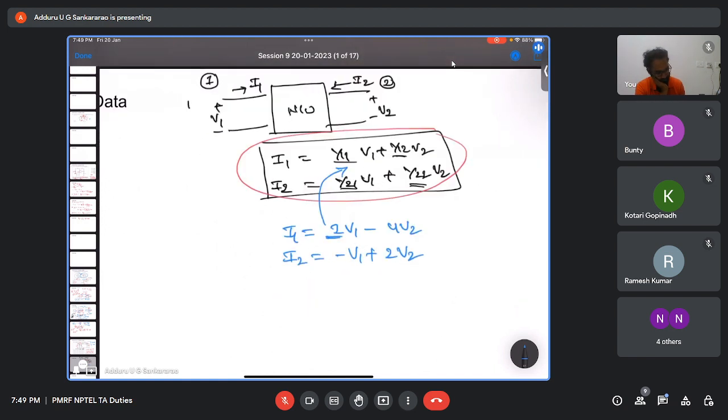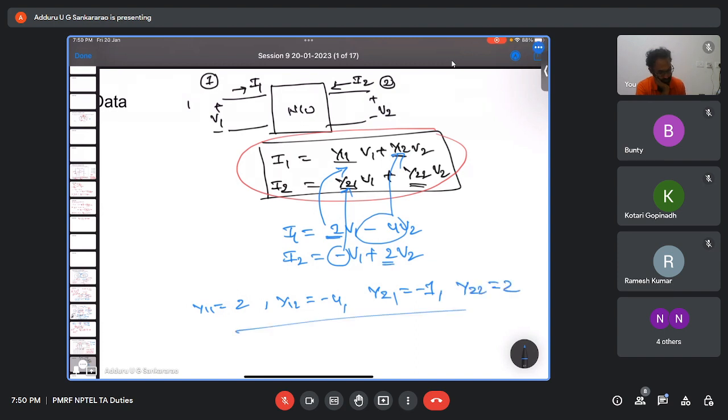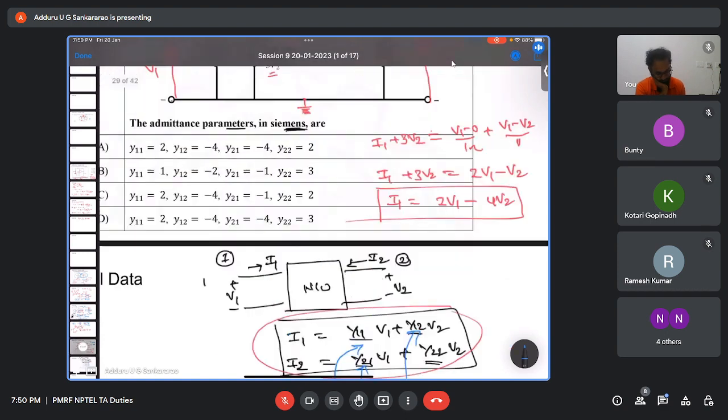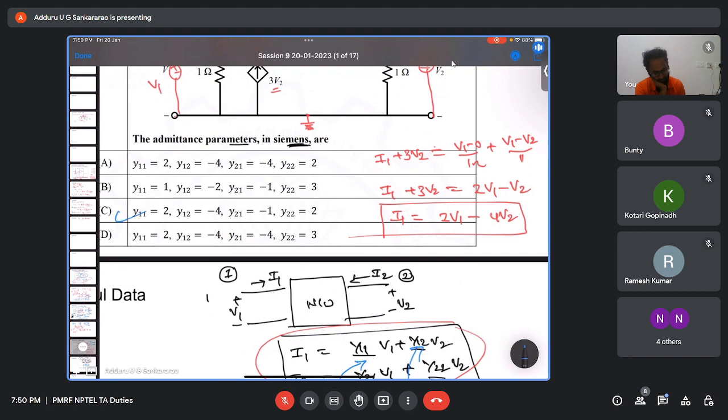So Y11 is 2, Y12 is minus 4, Y21 is minus 1, and Y22 is 2. So 2, minus 4, minus 1, 2. Option C is the correct one.